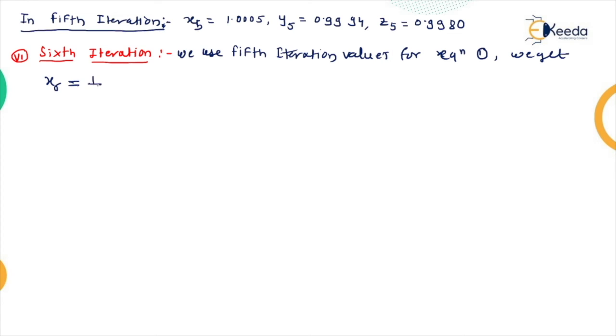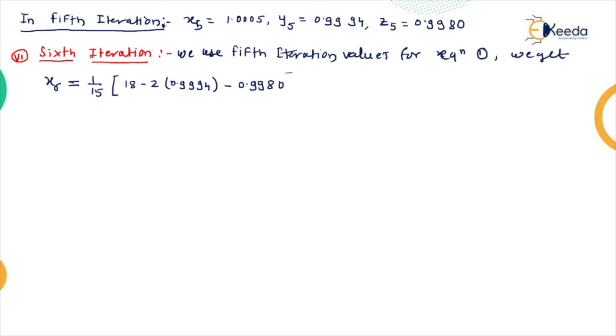1 divided by 15, in brackets, 18 minus 2 into 0.9994, this is the value of y5, minus the value of z, that is z5. The value of z5 is 0.9980.